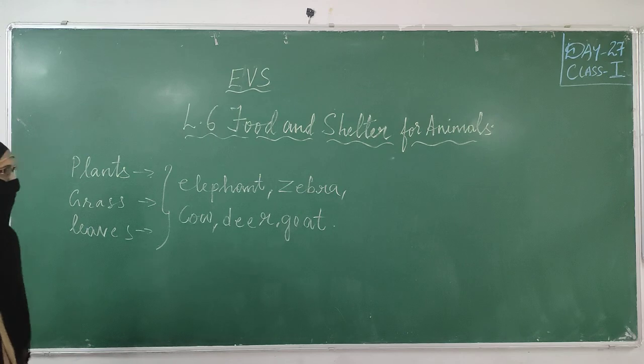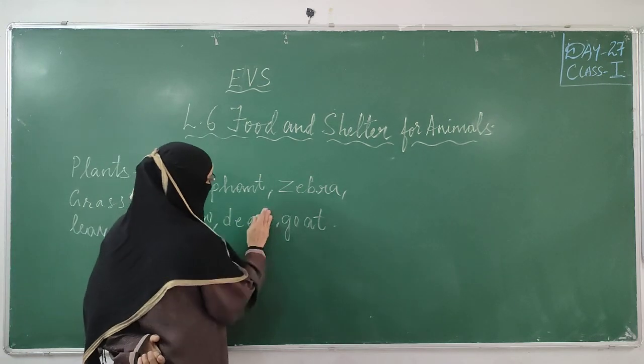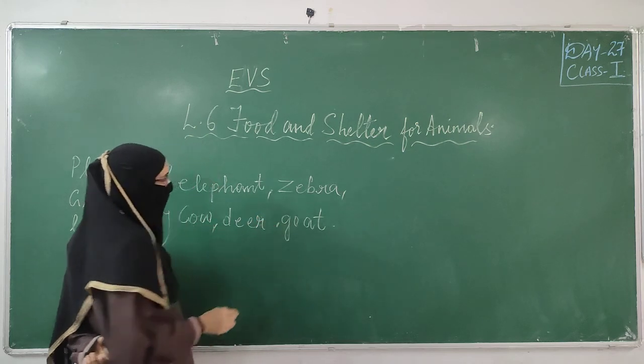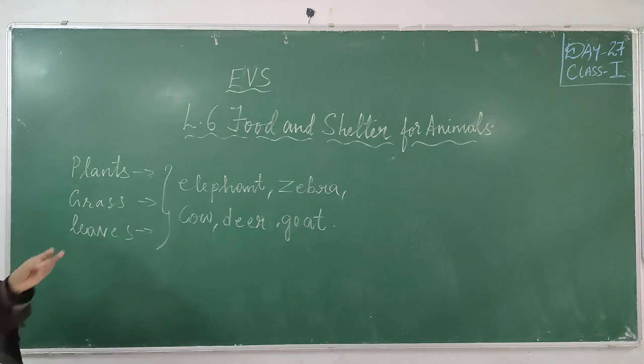Animals like elephant, zebra, cow, deer, goat. These are the animals which eat or live on plants, grass or leaves of the plants.